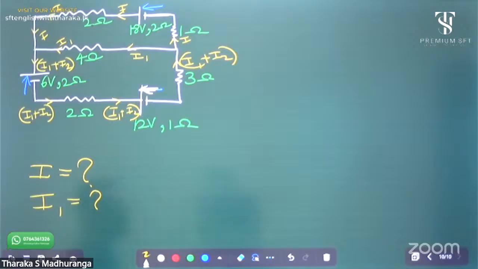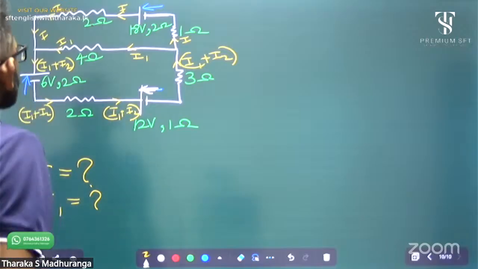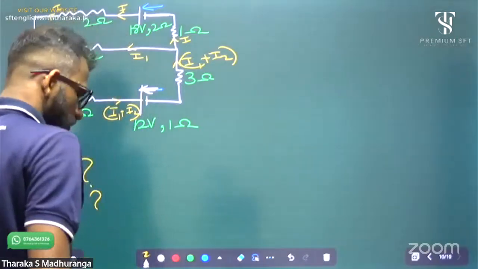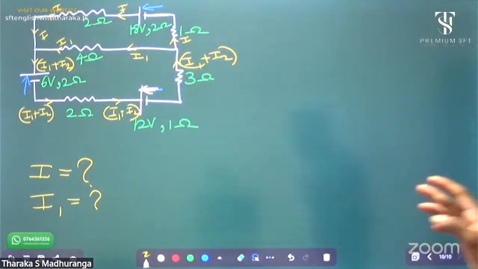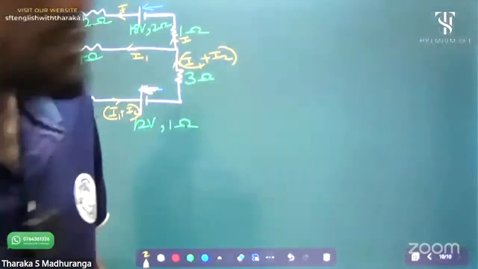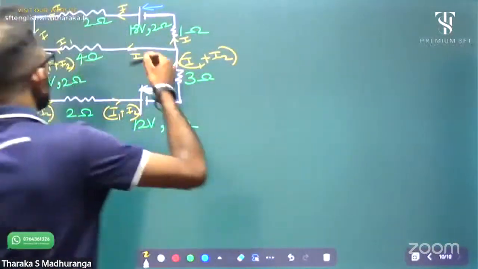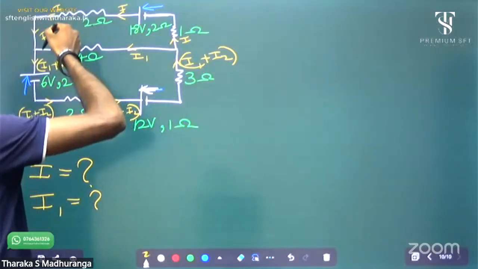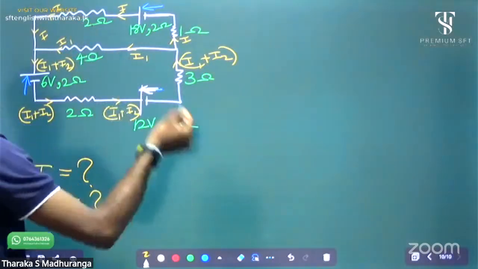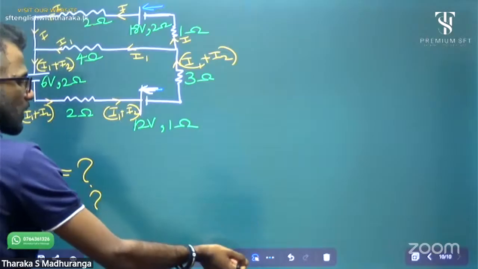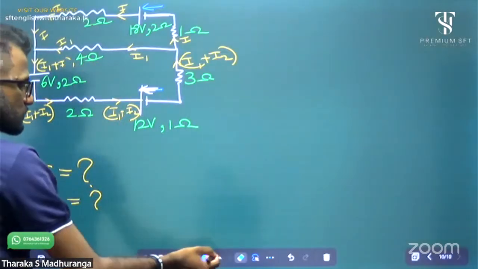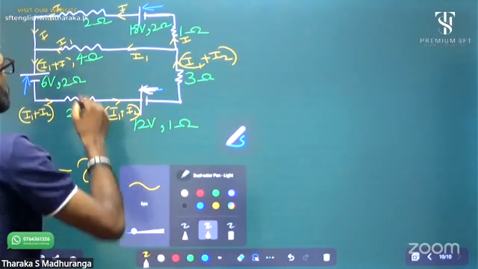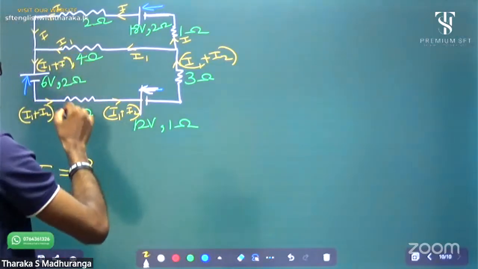Not three unknown factors, only two. Wait, no, it's a mistake. It's I plus I1, sorry. I plus I1, these two add together.